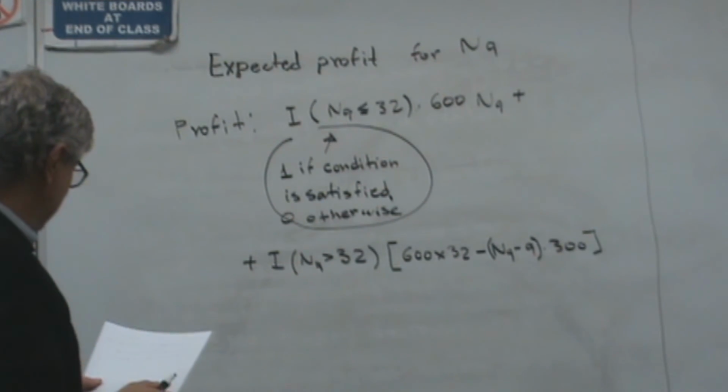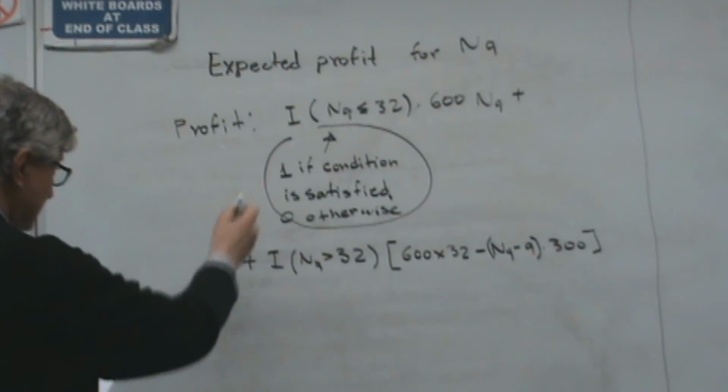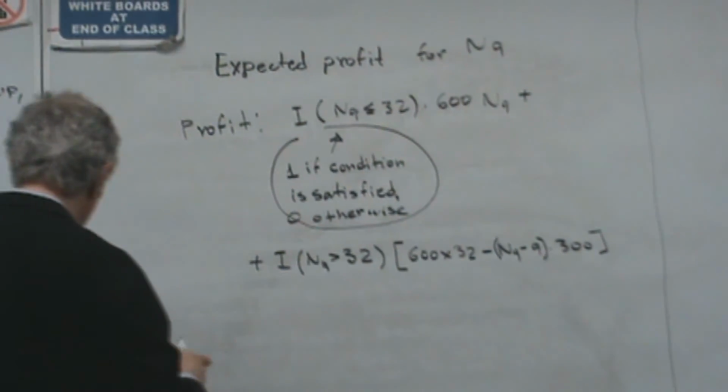Now, to find the expected profit, you need to find the probabilities of the two events.